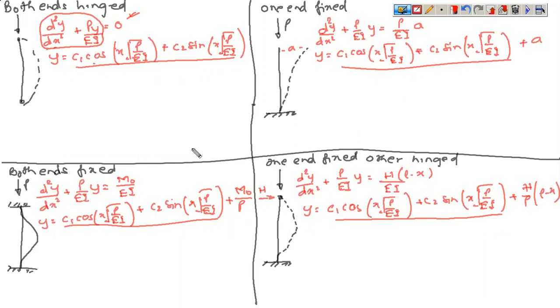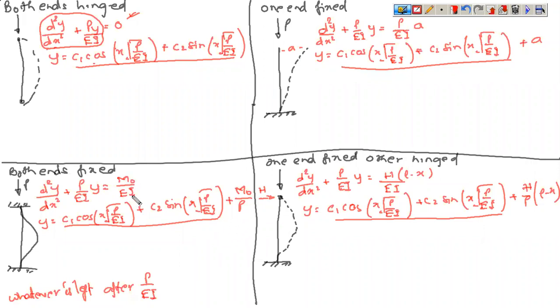If you try to find out the similarity, on the right hand side of the equation, whatever is left after P by EI, here P by EI was multiplied by 0, so you got 0 here, plus 0.